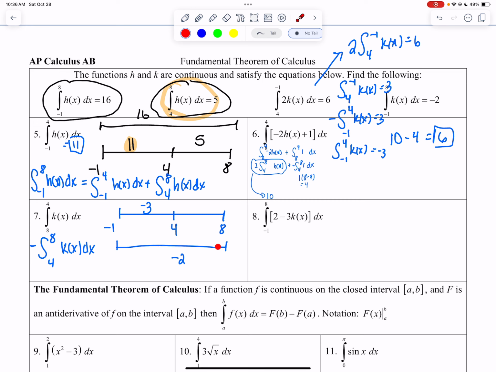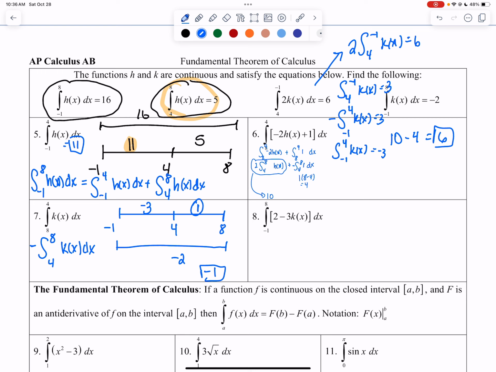The whole thing's negative 2, which means that my integral from 4 to 8 is 1. Now, this is saying the integral from 8 to 4, which means this is the negative integral from 4 to 8. So we know that this is 1. So this whole thing's 1, which means that my answer is just negative 1.